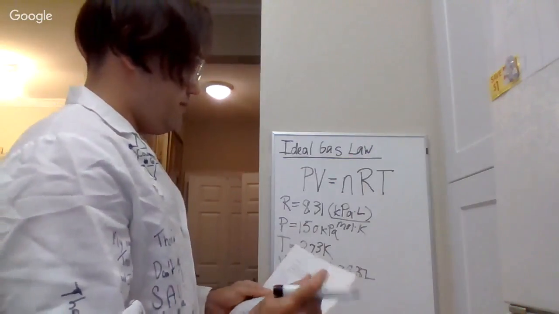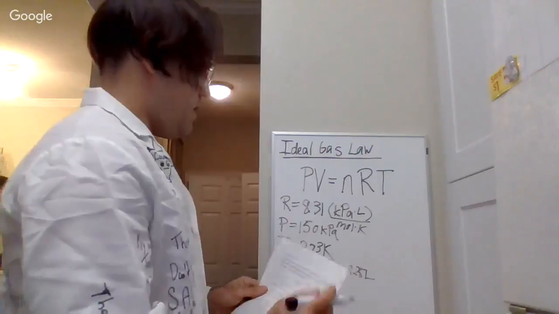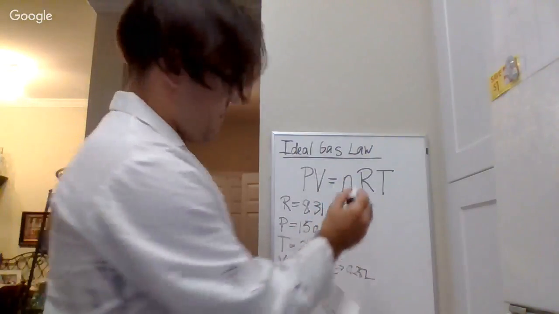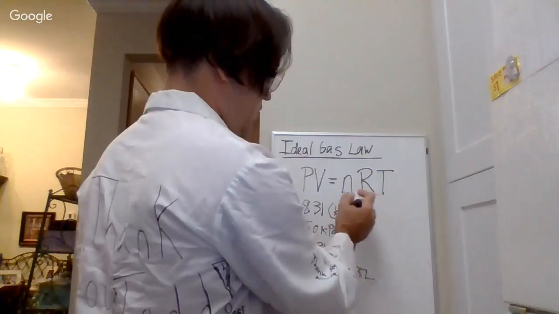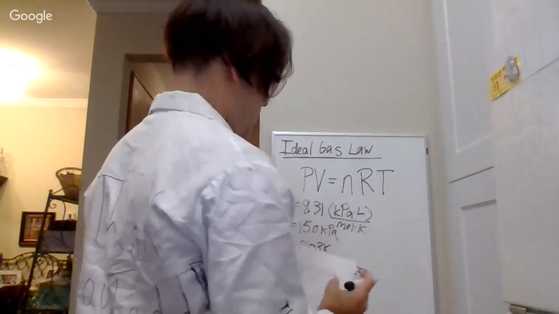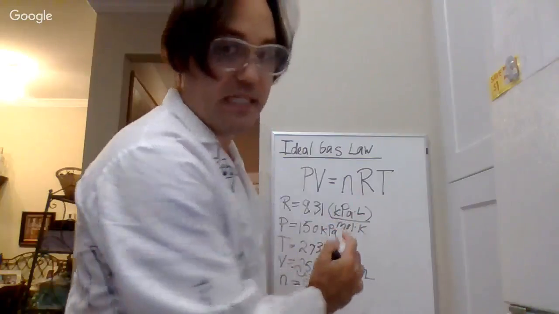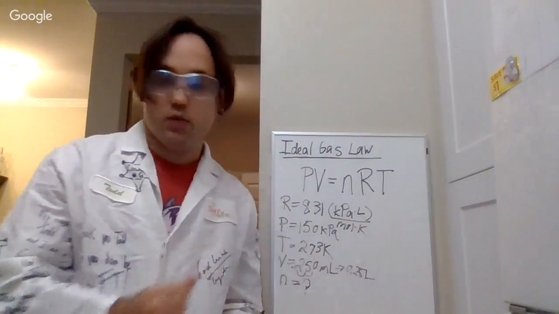What I recommend doing first is to isolate the variable n. So in order to do that, we'll figure out what we can do to get this by itself. I may have to erase this just so I can have some more room.